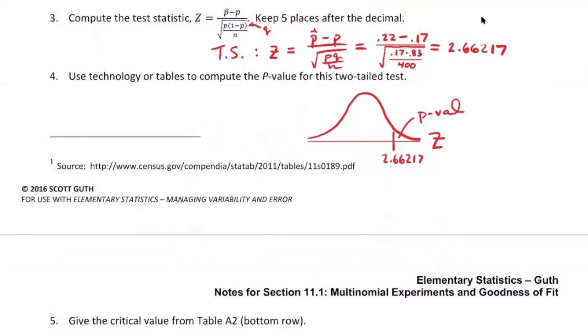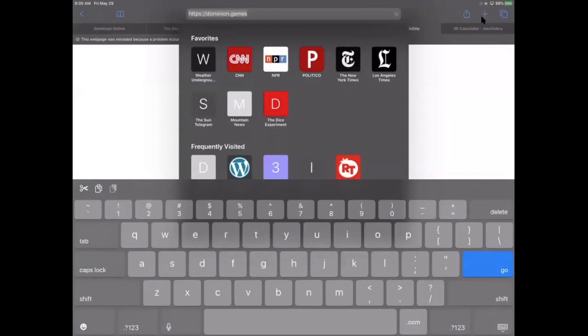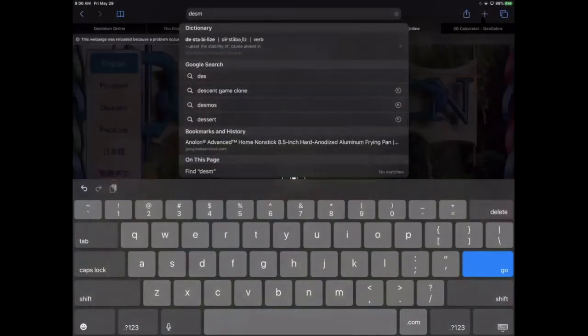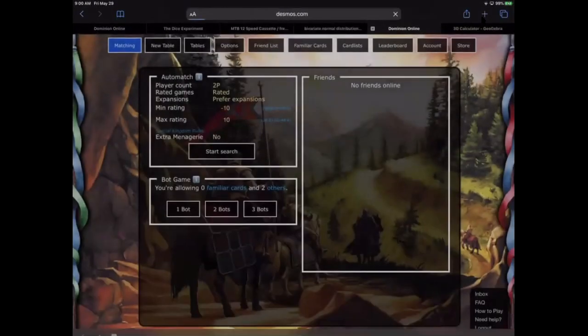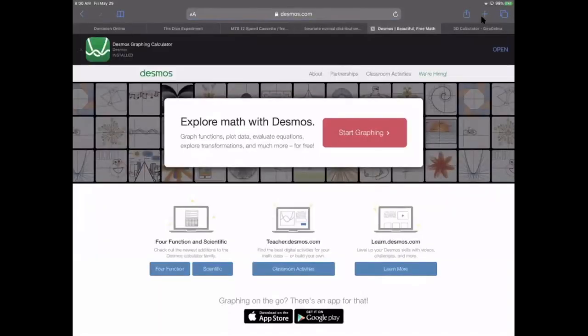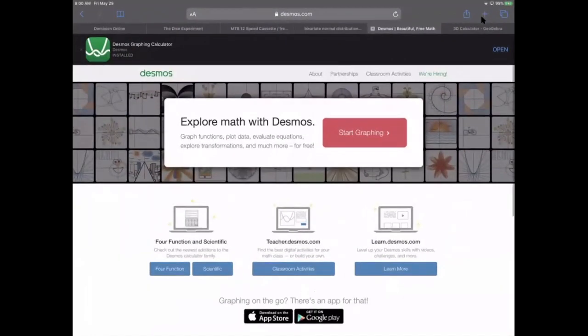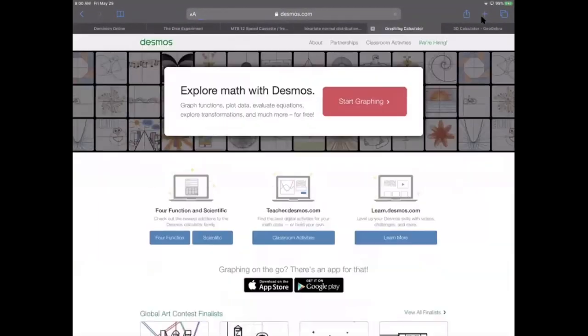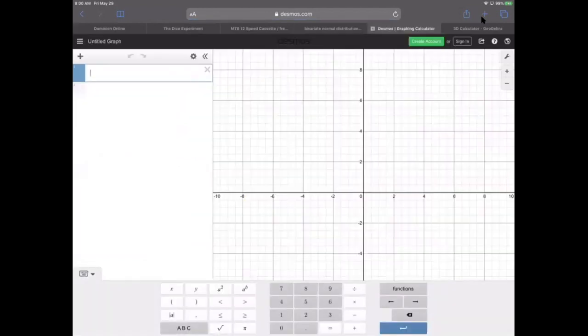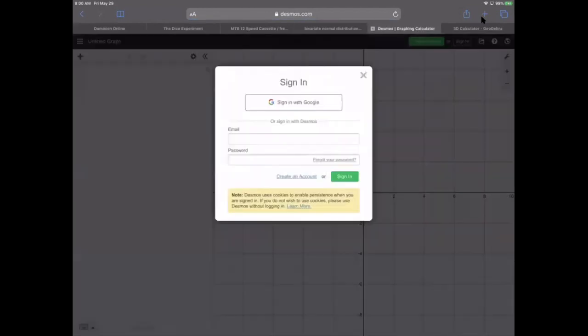I don't know if you remember, but I've posted some of these in Canvas. So it's on Desmos, in my account. I think if I just go into my account, oops, I did not mean to do that. Forgive me. I just need to log in. Okay, it's not recognizing me as me.